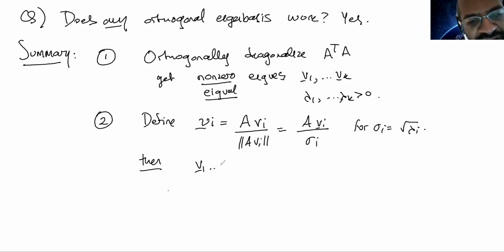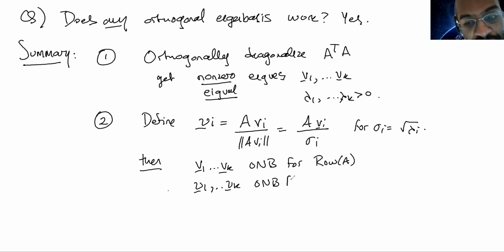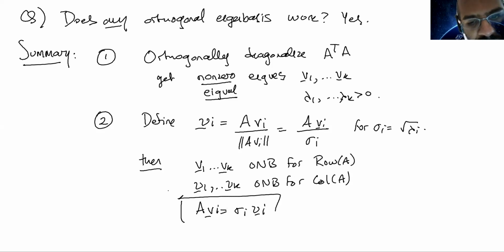V1 through Vk are an orthonormal basis for the row space. U1 through Uk are an orthonormal basis for the column space. And you have the relation A vi equals sigma i ui, where i goes from 1 to k. This is the substitute for the eigenvector equation. The vi's get mapped to the ui's, and the scaling factors are these singular values.